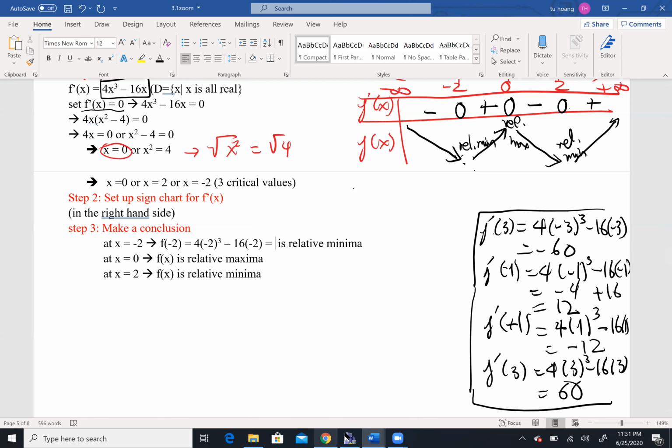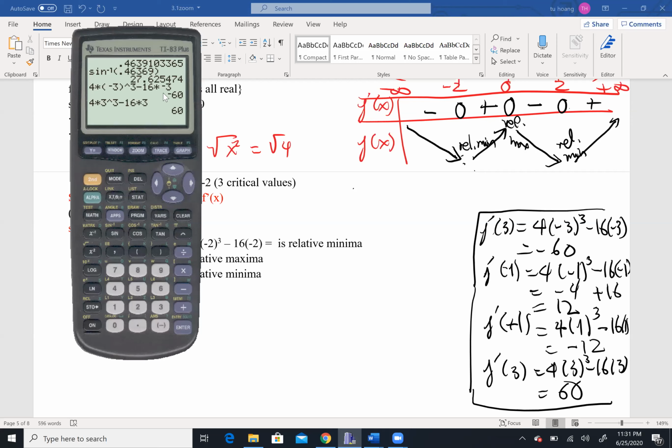so use my calculator. I have 4 times negative 2 to power 3 minus 16 times negative 2.